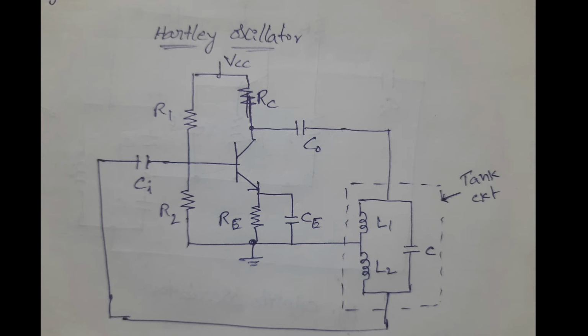You can also see that on switching on the power supply, the transistor starts to conduct, leading to an increase in the collector current I_C, which charges the capacitor C. On acquiring the maximum charge feasible, C starts to discharge via the inductors L1 and L2.